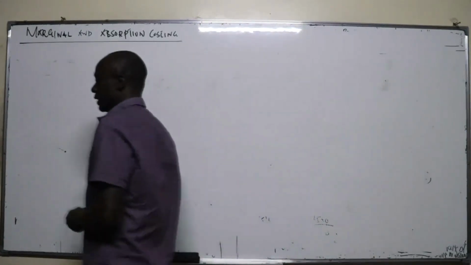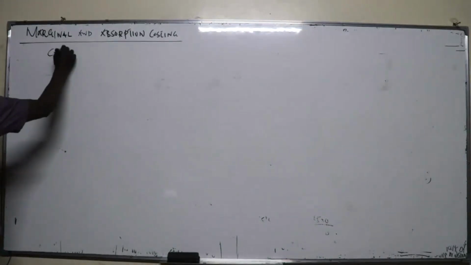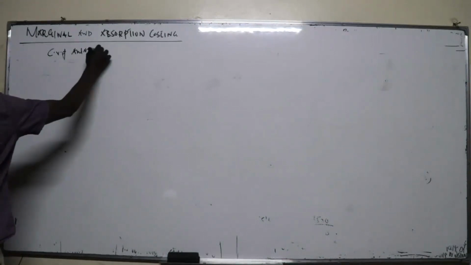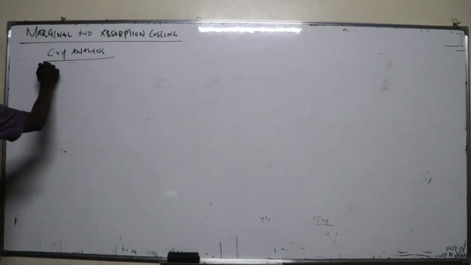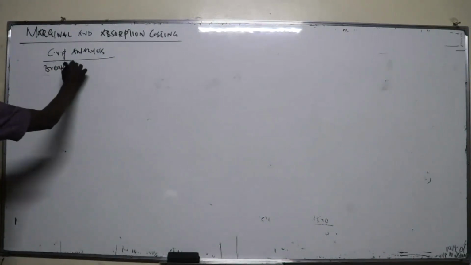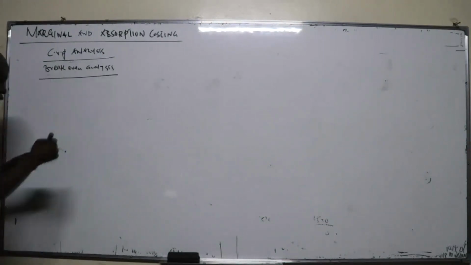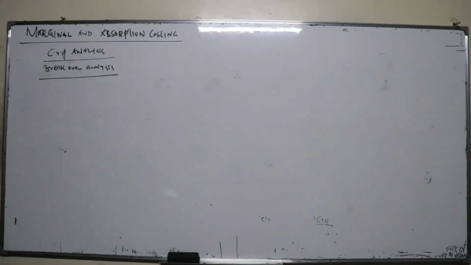Sometimes we call it break-even analysis. CVP stands for cost volume profit analysis. So when you check those notes, we go back to the notes.